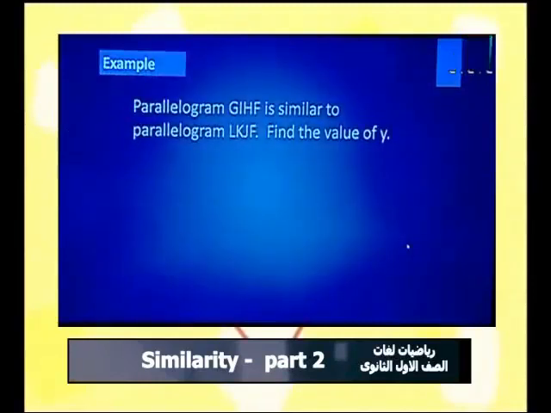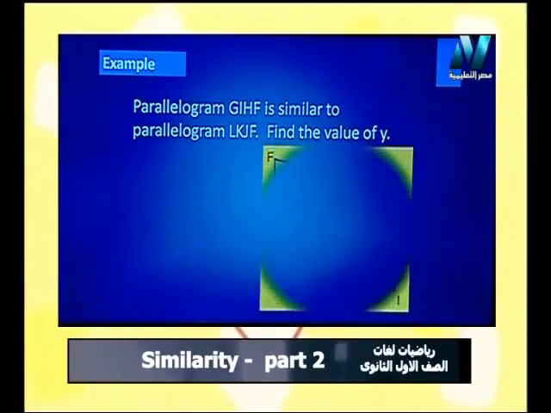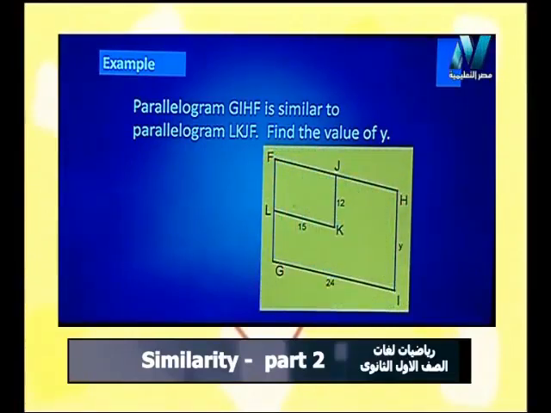We have an example here. A parallelogram GIHF is similar to a parallelogram LKJF. Find the value of y. We have the two parallelograms here, the big one and the small one.